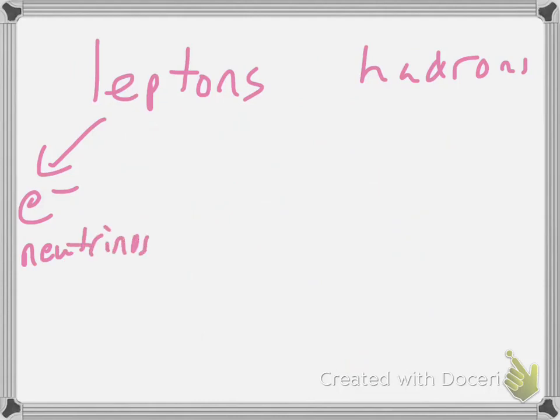Very, very tiny. They're smaller than protons and neutrons, and they are the very basic particle in that category. Okay, remember neutrinos are so small that they rarely interact with matter themselves. And under the hadrons, we have baryons and we have mesons.